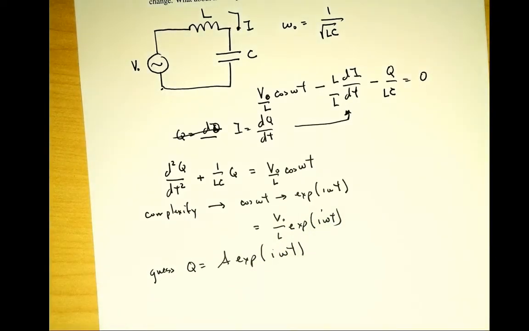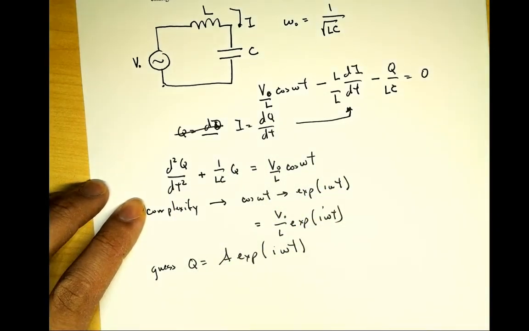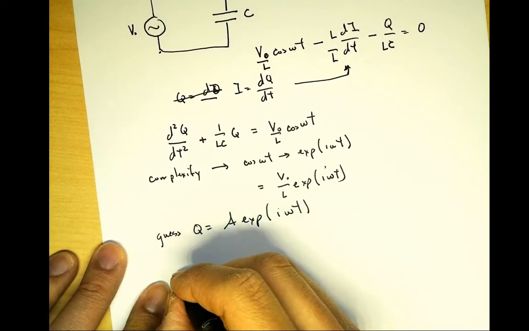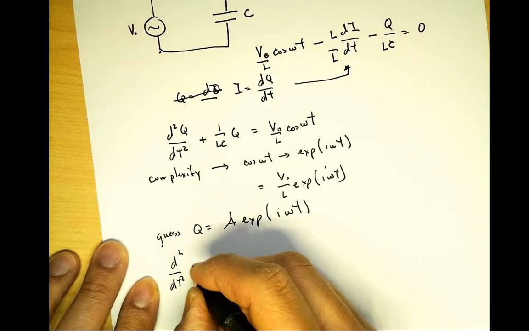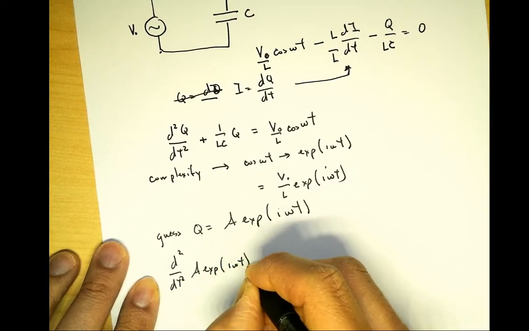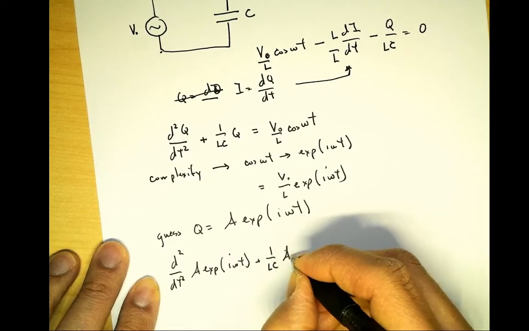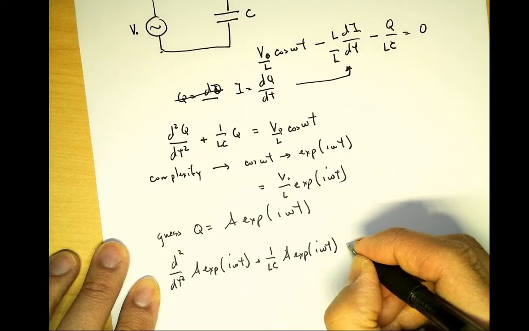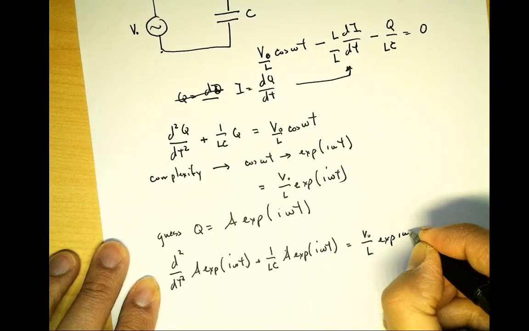Once we have that, we plug this into here. This will be d squared/dt squared of A e to the i omega t plus 1 over LC A e to the i omega t, equal to V0 over L e to the i omega t.